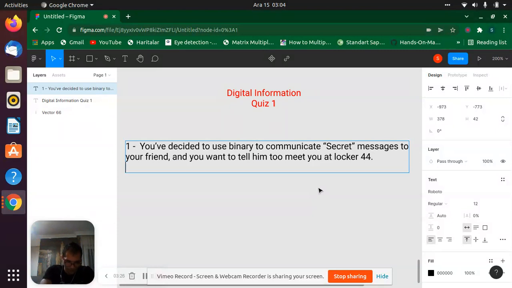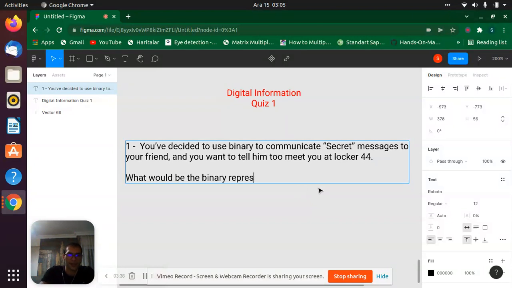Now we will say: what would be the binary representation of the decimal number 44?